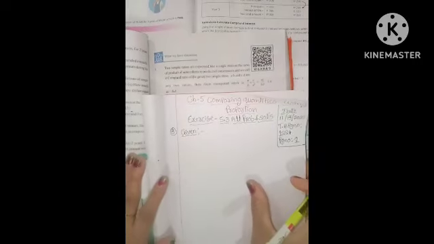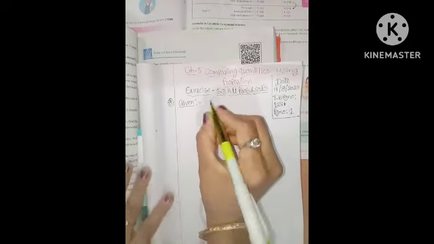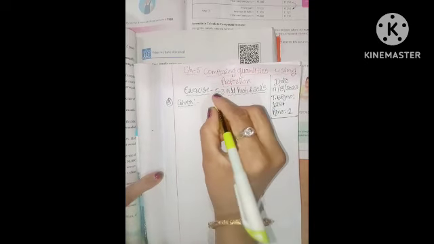One by one, how to calculate it. First, I write the given data in our problem: what is given, what is asked. Given: Harith took a loan from a bank.